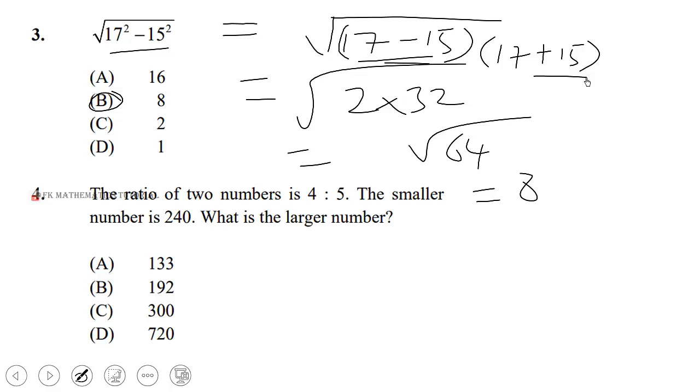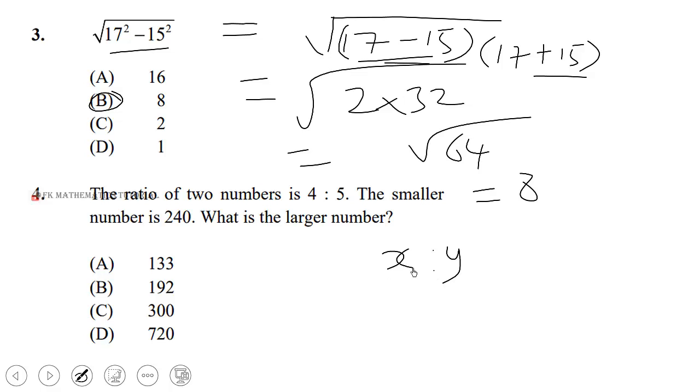The ratio of two numbers is 4:5. The smaller number is 240. What is the larger number? So let the larger number be y and the smaller number be x.